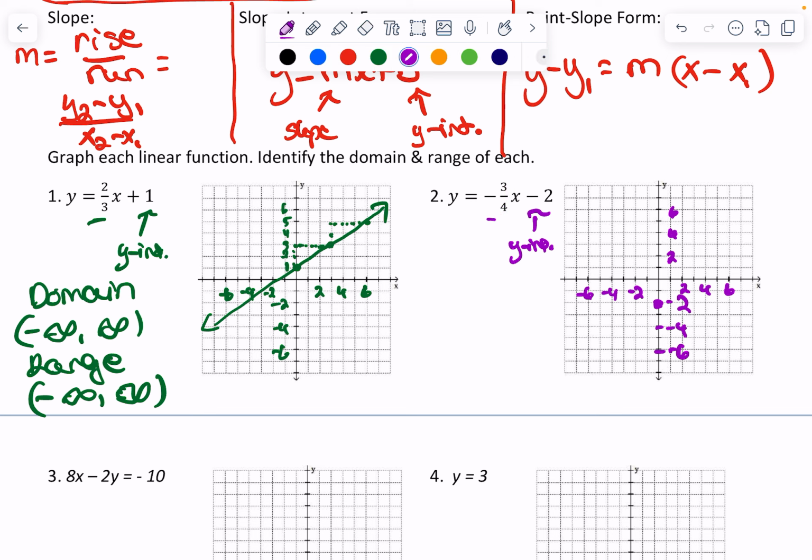So it's going to be going downhill. So instead of going up 3 and 4 to the right, we're going to go down 3 and 4 to the right. So 1, 2, 3, 1, 2, 3, 4, right here. Or what we can do is we can go up 1, 2, and 3, and 4 to the left.